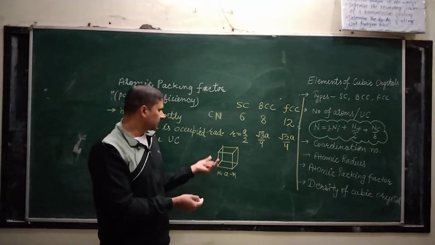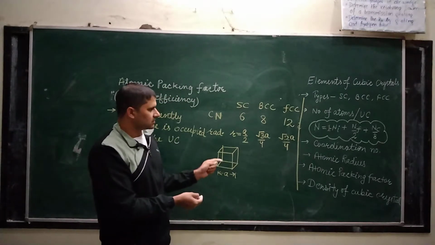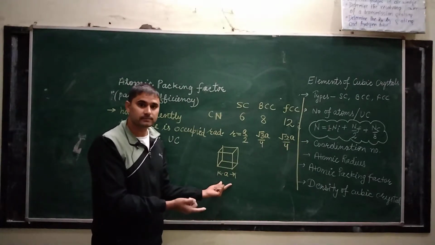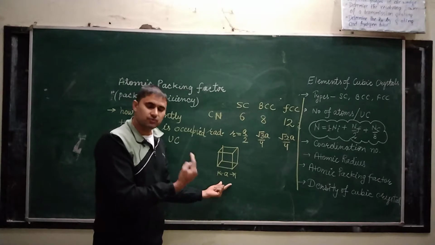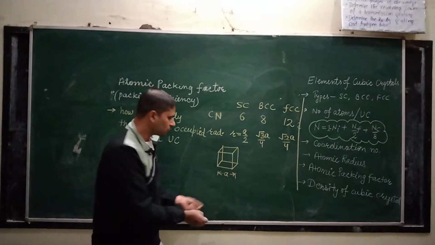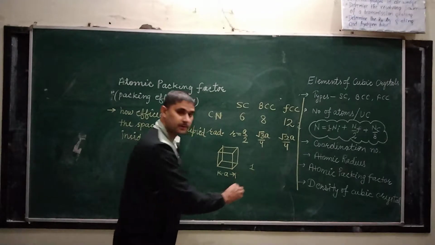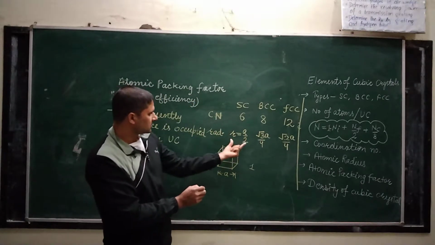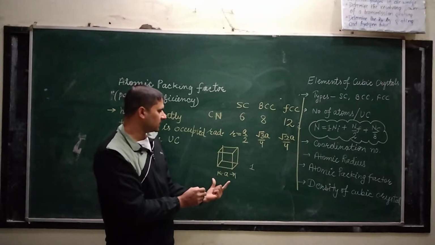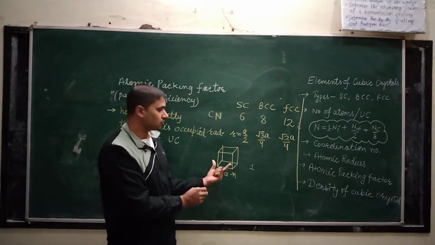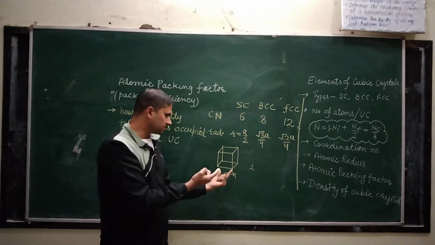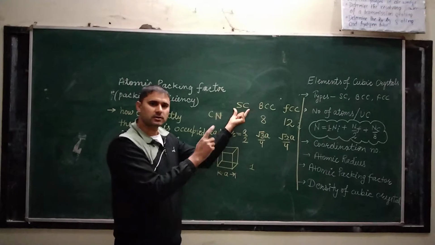Okay, and the effective number of particles in the simple cubic is 8 times 1/8, that is 1, because particles are present only at the corner. Okay, and you have seen how the radius is related. So from there you can get the idea of the space occupied by one effective particle present inside the simple cubic.